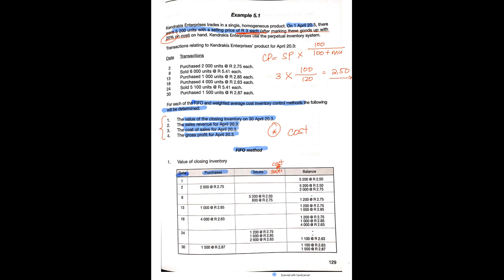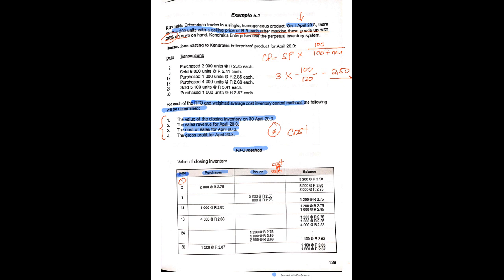So as I said to you at the top where we were reading, the first paragraph said on the 1st of April 20.3, there were 5,200 units with a selling price of R3 each that were on hand. So it's the 1st of April, which means it is your opening balance. So you'll put in under the date, the first, and there's nothing that would go under purchases and issues because nothing is issued or purchased.